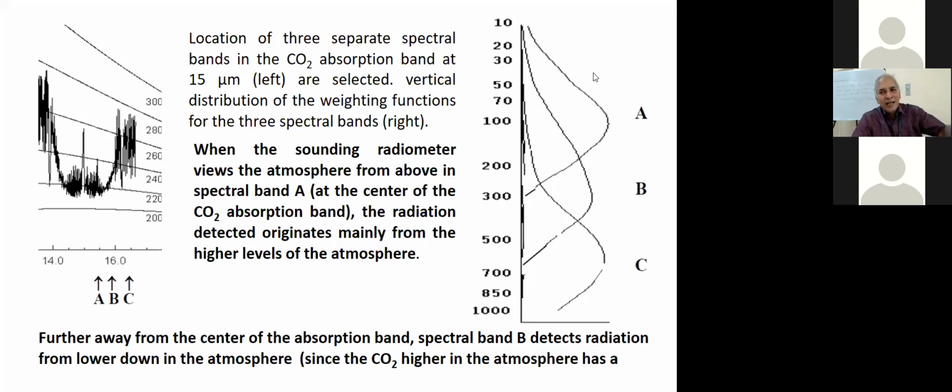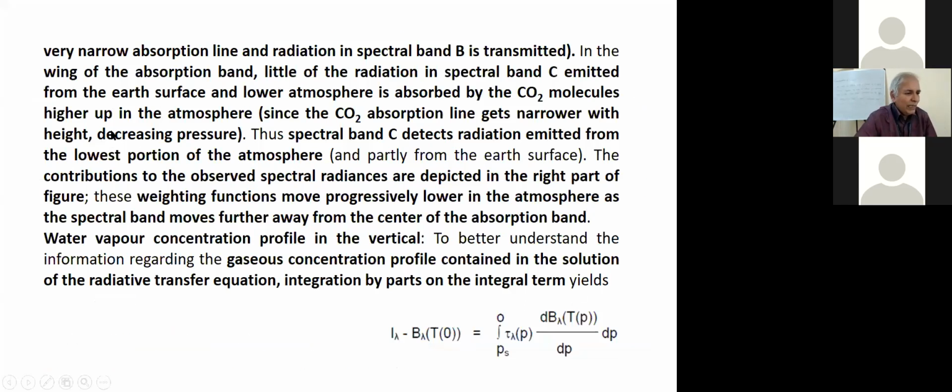B overlaps with A, and C overlaps with B and with A. So the retrieval becomes much more complicated because of this overlap, and we also have other issues. I'll just quickly tell you what it is.